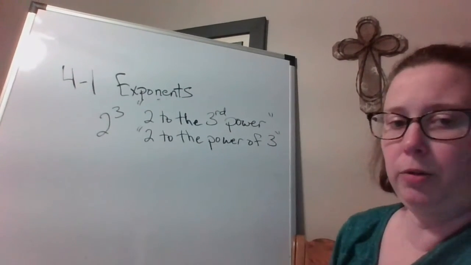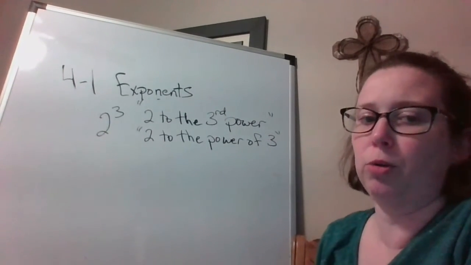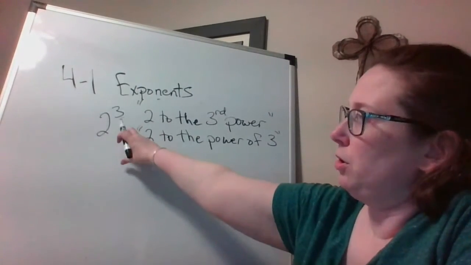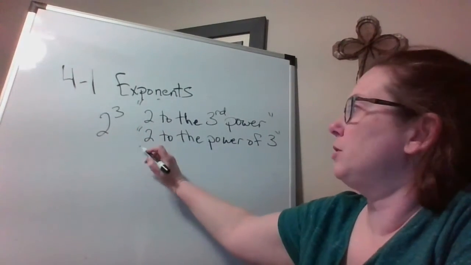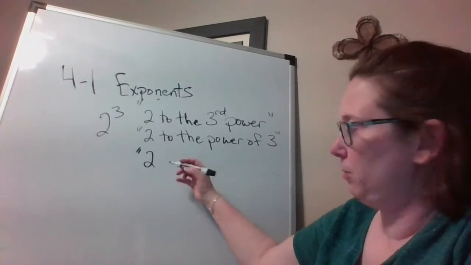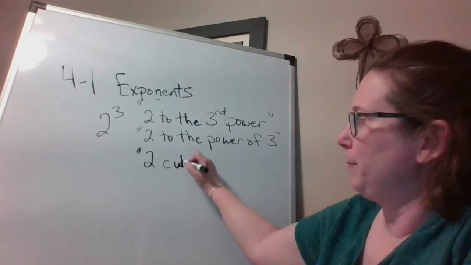So you can say it either way, 2 to the third power or 2 to the power of 3. There's also a special name when your exponent is 3, which is cubed. So a third way we could say this one is 2 cubed.